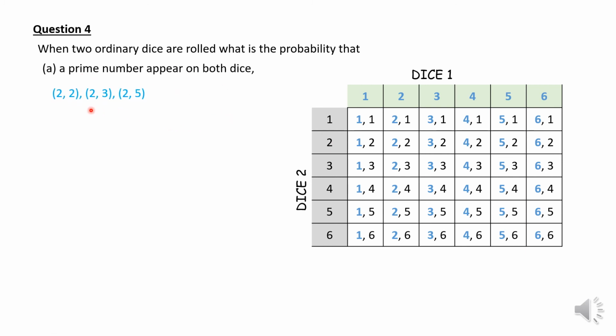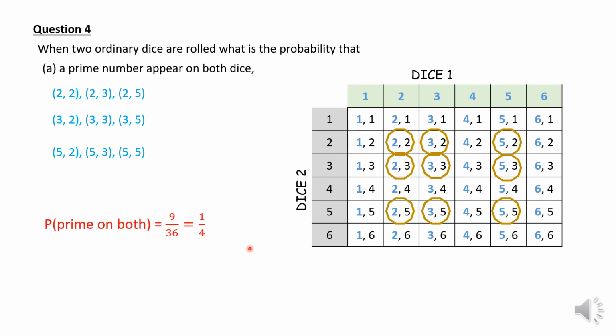So we expect something like 2 and a 2, or 2 and a 3, or 2 and a 5, or 3 and a 2, 3 and a 3, 3 and a 5, and so on. So this is 9, all right, if you count them, out of a possible 36. Now 9 out of 36 will give you 1/4, and the probability that a prime number appears on both dice is 1/4.